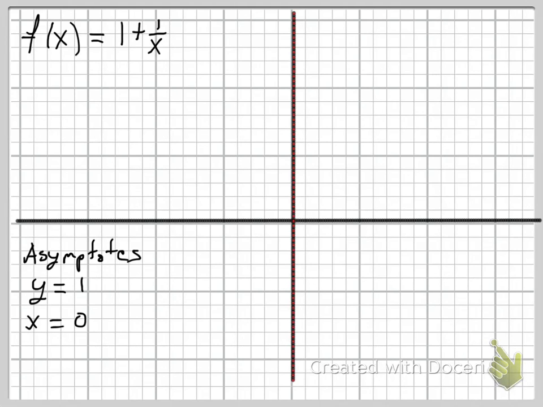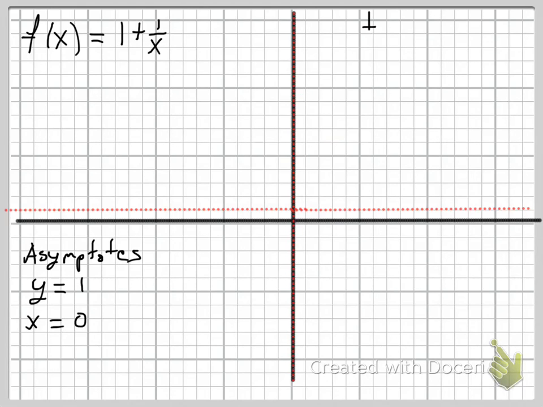Okay, so we have those two asymptotes, and then we're going to graph those asymptotes as dotted lines. So x equals 0 appears as this red dotted line right over the y-axis. So here it is right here, and then we'll go ahead and graph in the horizontal asymptote y equals 1.